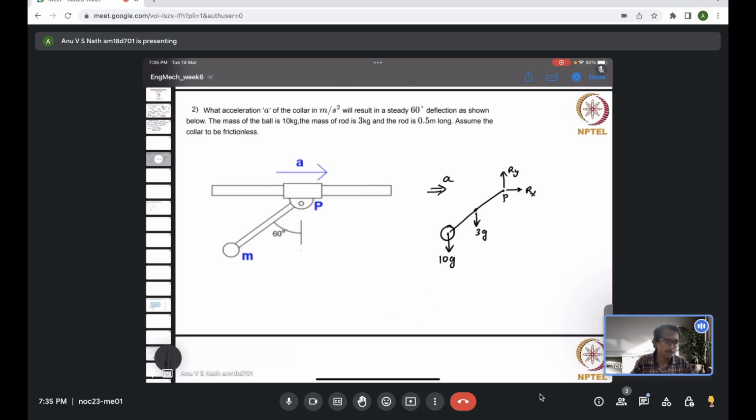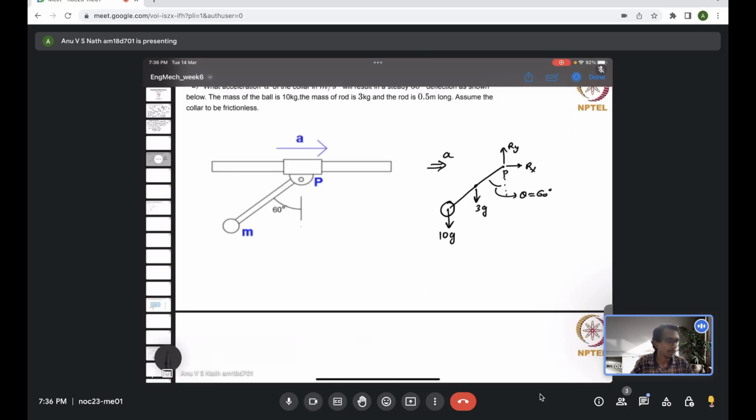So this is the free body diagram. Things to remember: there is an angle theta, given to be 60 degrees, which we use later. We have to find the acceleration A, which is an unknown for the moment.